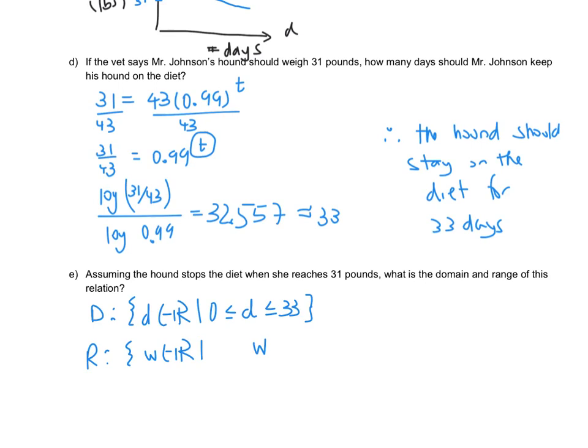And we know that the weight started at 43 and it's going to stop at that 31. So 31 is less than or equal to the weight, and the weight is less than or equal to 43. And there we are. So with the domain and range, you have to think about your scenario and restrictions on application variables, not just a regular X and Y.